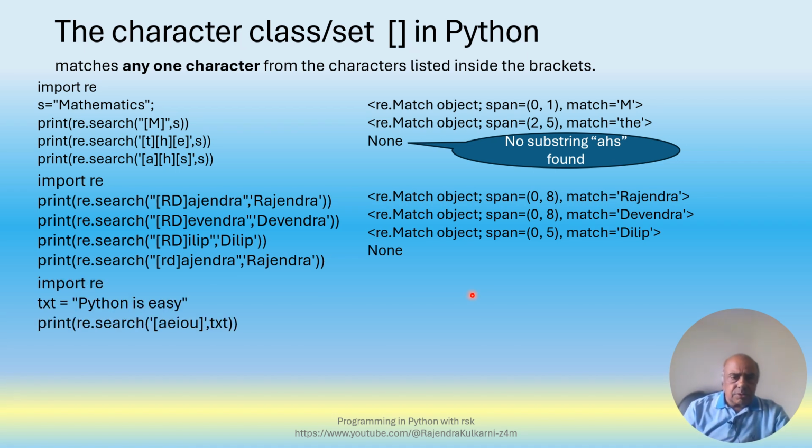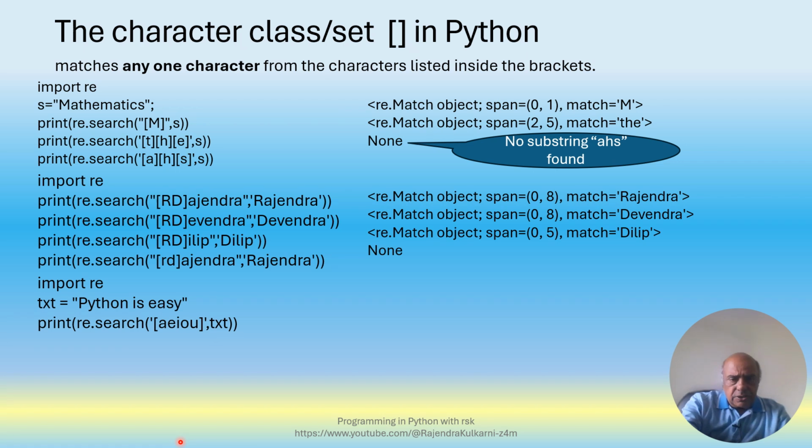Then we give txt as the name of the string, and the string is Python is easy. Then we try to search and match whether A, E, I, O, U enclosed in the square brackets has any matching characters in string txt.